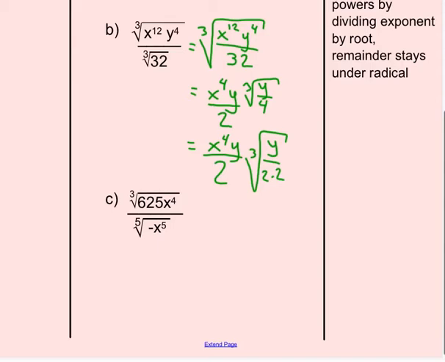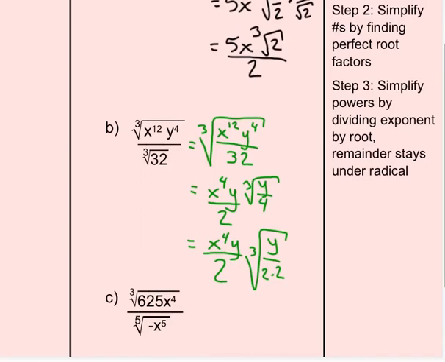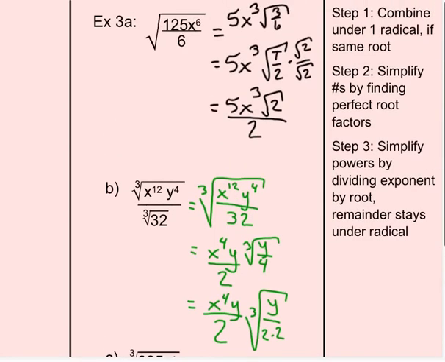Now in order to cancel my cube root, I need a perfect cube under the radical. So think about up here, when I multiplied by the square root of 2, really what I had under the radical became the square root of 2 squared, which is why the square root and the square canceled.